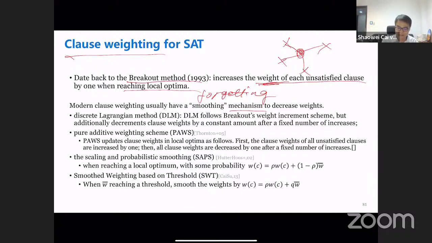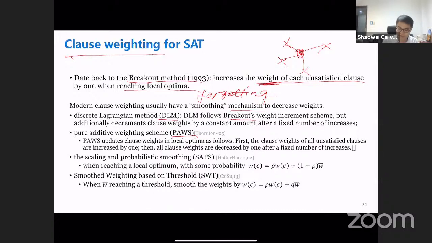Here I list some typical weighting methods. The discrete Lagrangian method, DLM, follows the breakout method to increment the weights, but additionally, after a constant number of increases, you decrease the clause weights. And PAWS in 2005 works similarly to DLM.